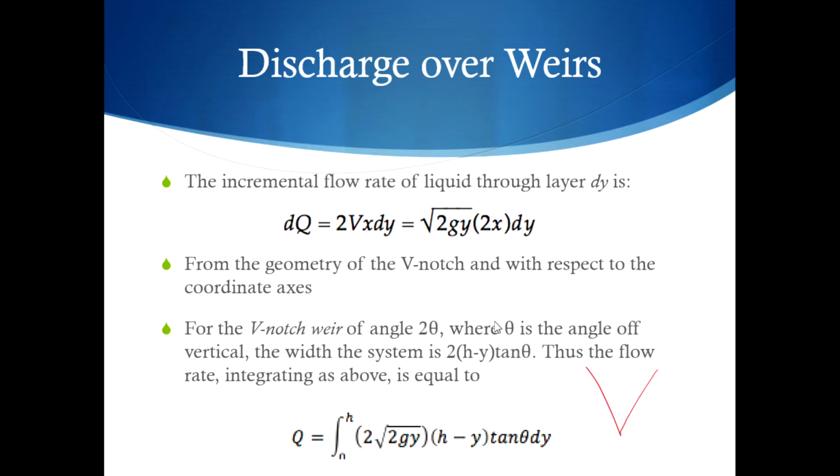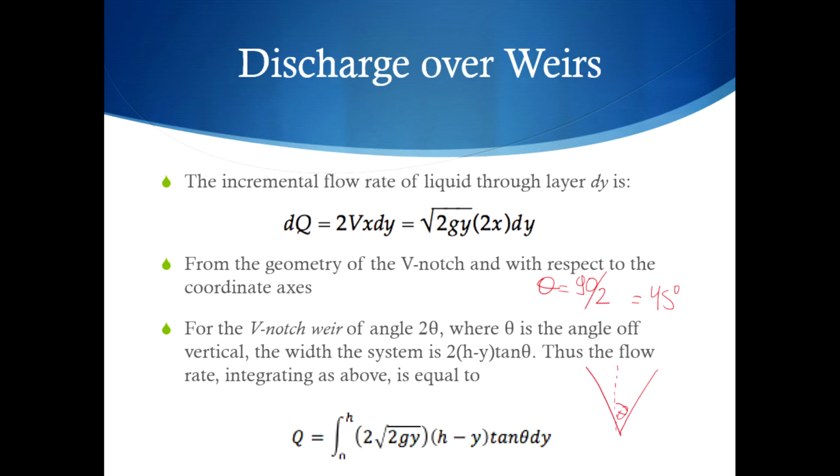So the theta in this case will be 90 degrees divided by 2, because we are considering just half of the angle. So this is theta, and it will be equal to 45 degrees in the calculations. Remember that the whole opening of the weir represents 2 theta.